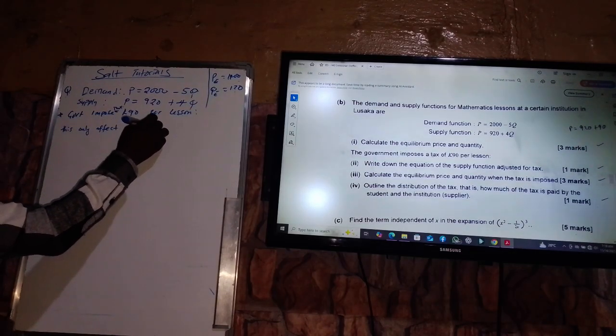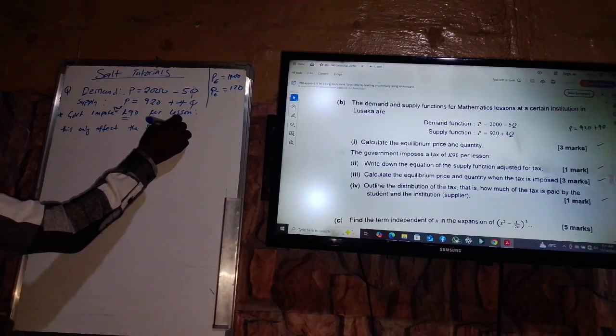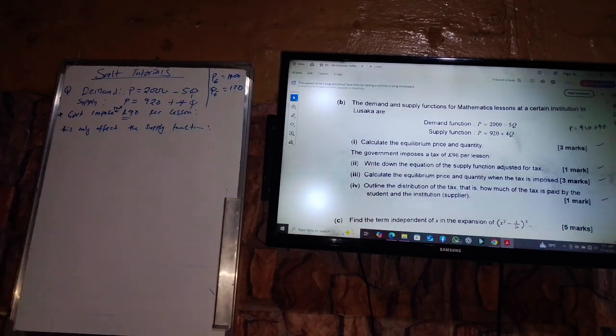The demand function remains the same. The demand function will have an effect when it comes to making payments, but the demand function remains the same. So when making payment, that's where the effect comes in most of the time. But usually it is basically the same function which we are going to deal with.